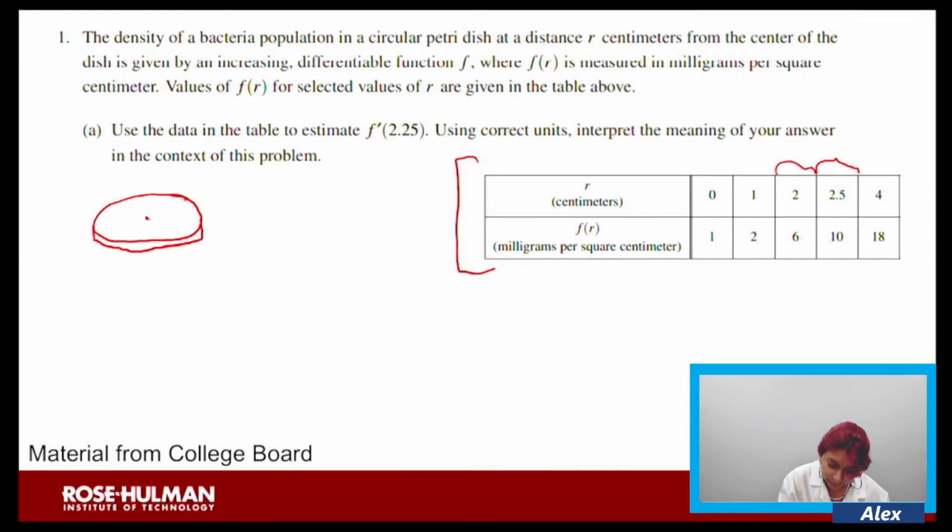This is the center, and we have different populations at different radii. These are our r values, and f(r) is the density of the bacteria population.